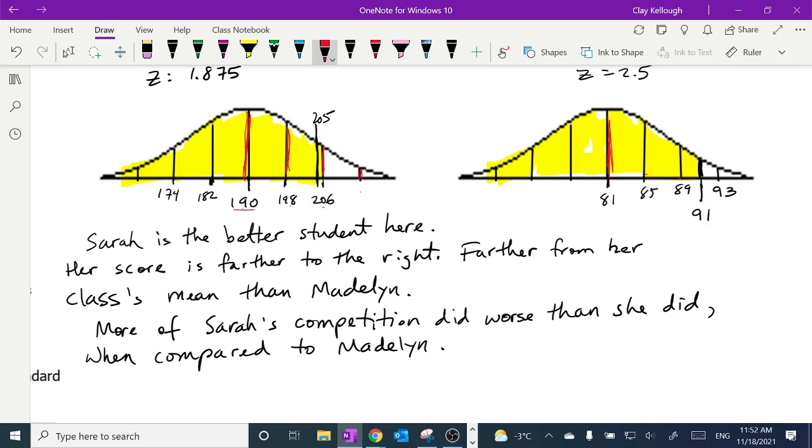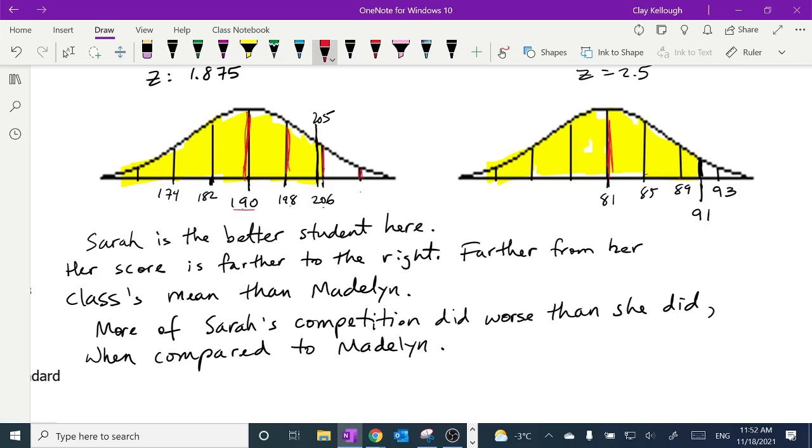Question? Her z-score is higher? Yes. The question is, if you didn't hear it at home, if this was a question on the test, can't we just say Sarah's the better student because she has the better z-score? Yes.